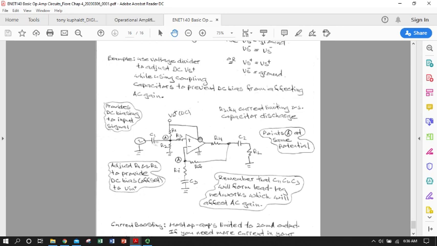Remember all of those biasing and staying in the middle of your BJT's functional range that we did in semiconductors, those apply to certain portions of the circuit within the op-amp, especially the push-pull class A and class B and AB sections where we're actually amplifying immediately prior to the output.